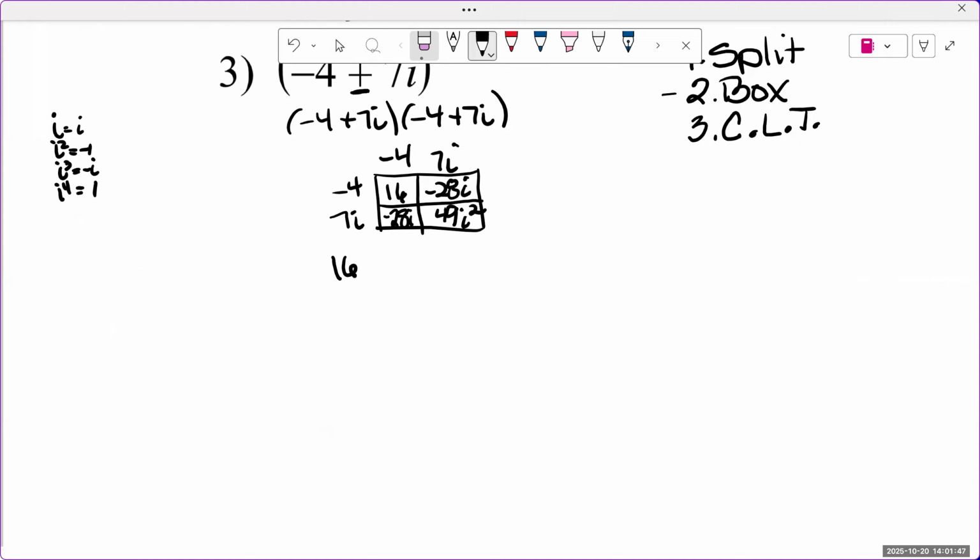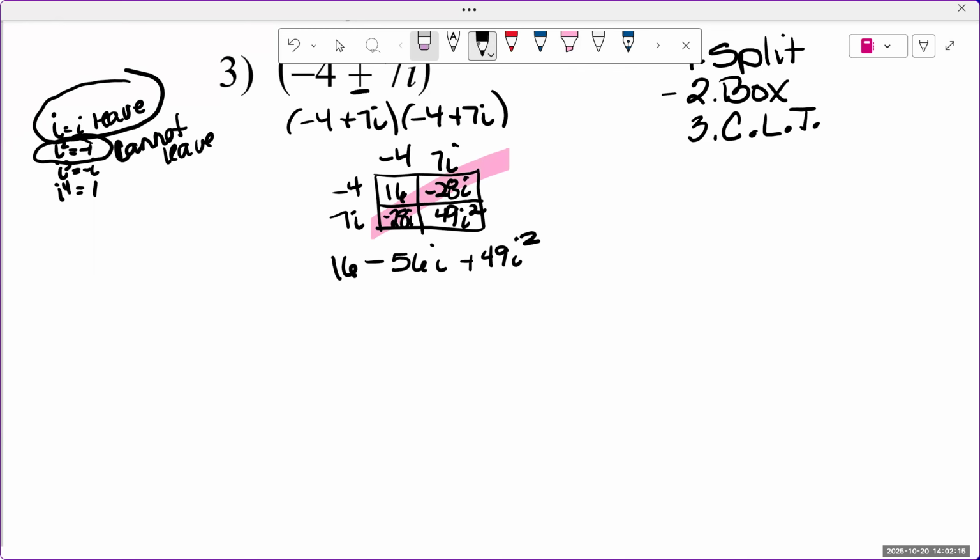Okay, next step, combine like terms. We have 16, -28i and -28i is -56i, plus 49i squared. Now, you can leave i in your expression. You cannot leave i squared.